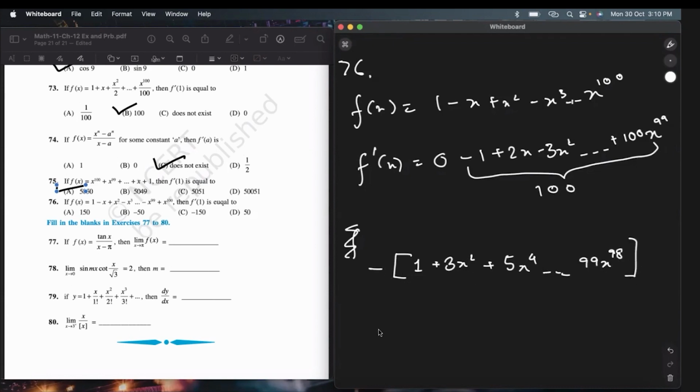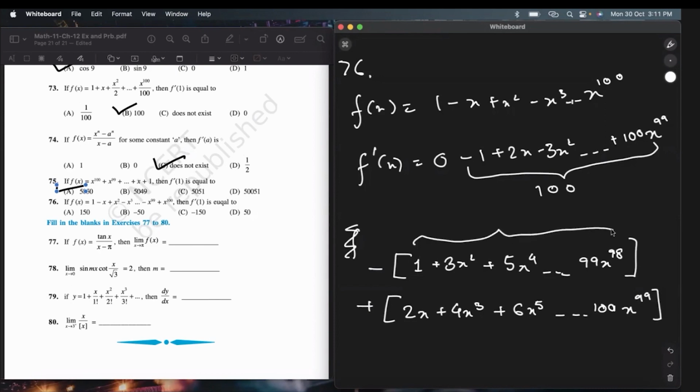This is in minus. And what will be in plus? The even part: 2x plus 4x cube plus 6x to the fifth, going on till 100x raised to the power of 99. I have separated the odd and even parts, and both have 50 terms, because there are a total of 100 terms, so odd and even will be separated evenly, 50 terms in each.